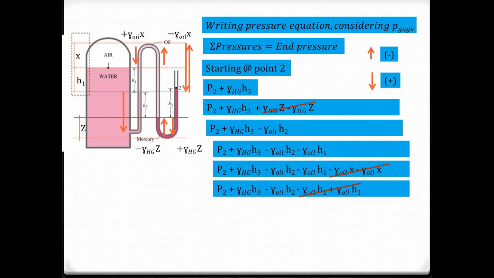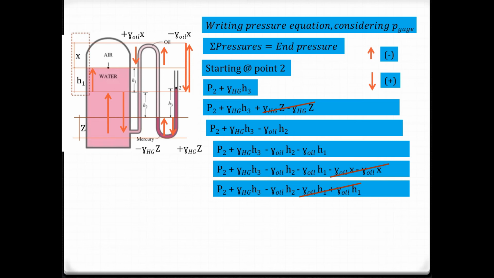And then from this level, we will go down until that mouth of the top manometer that is going downwards, and then eventually it will have the same gamma H for going upwards to reach that level. We are now inside the reservoir until we reach point 1.